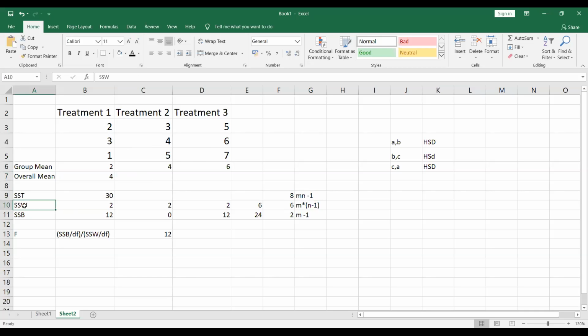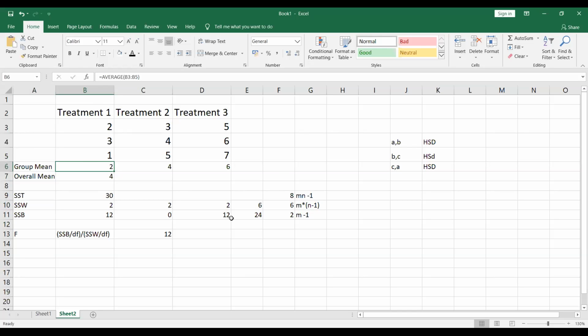The idea is simple: for each of the groups, if you know the group mean and two of the observations, then you can find the other observation. So the degree of freedom is 2, or n minus 1 for each group. As you have m groups, your degree of freedom is m into n minus 1. Is that clear? Yes, sir.